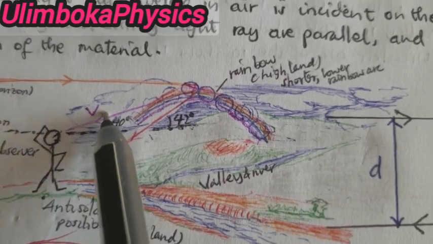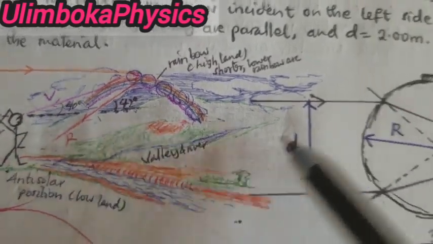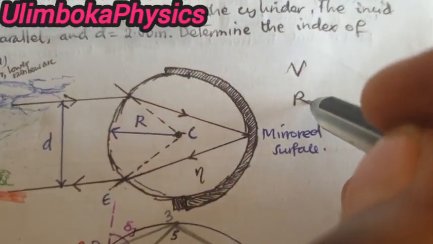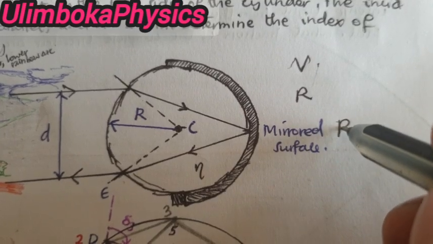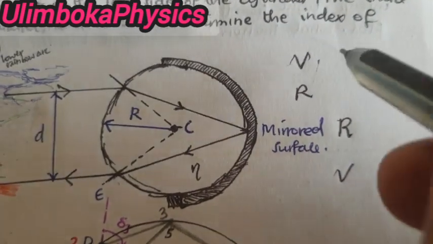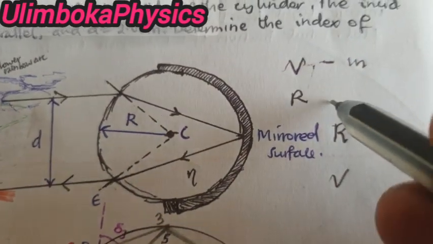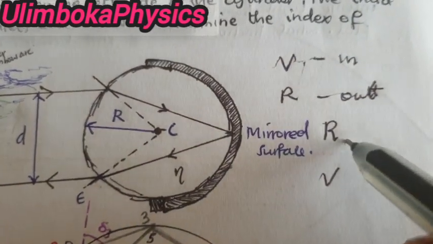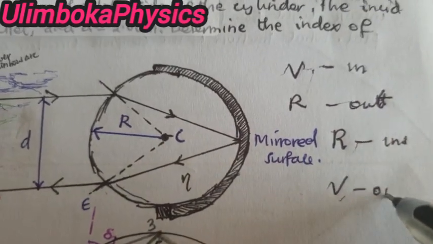Therefore for the secondary rainbow, the formula will be as V R for the primary rainbow, and for the secondary rainbow we add also another R and V. This one is inside of the arc, and this one is outside of the arc.